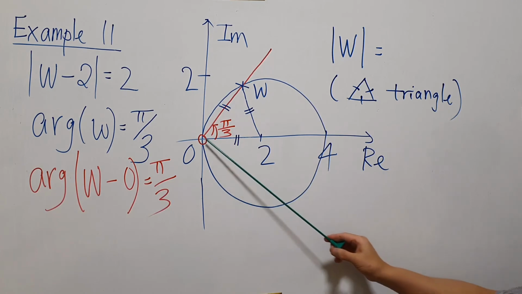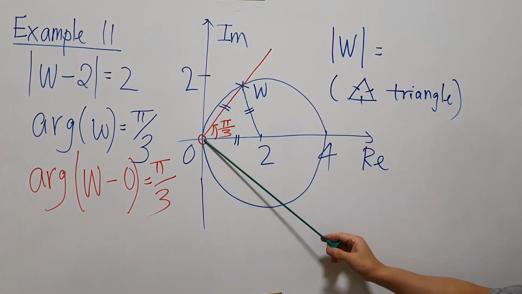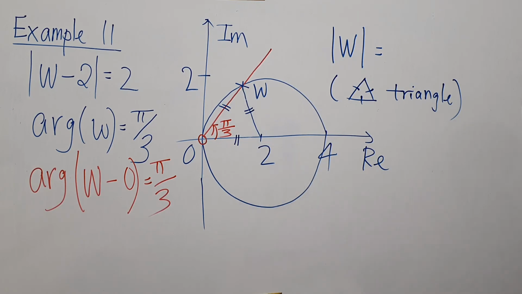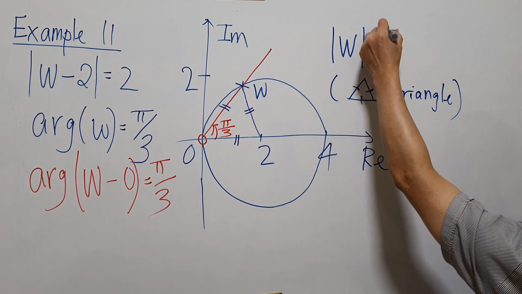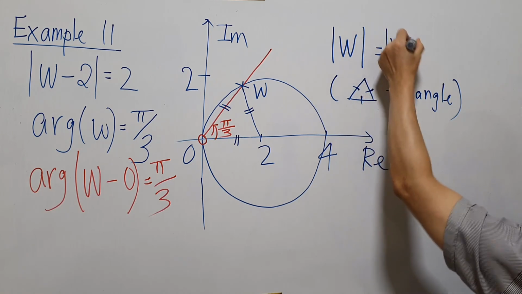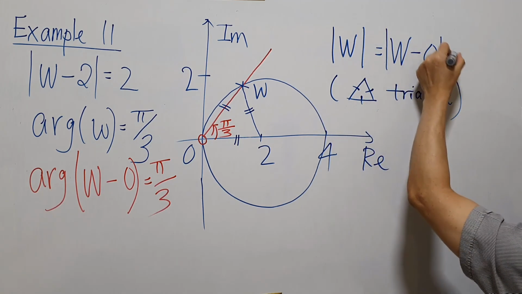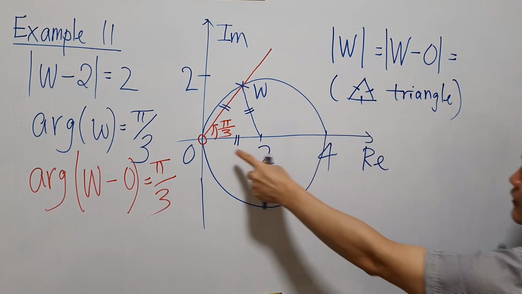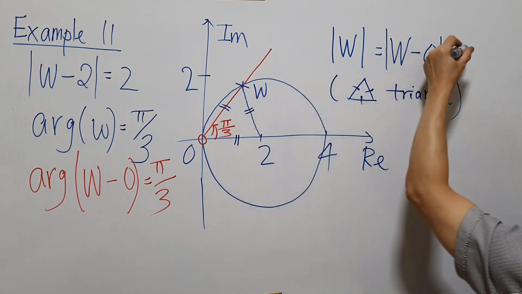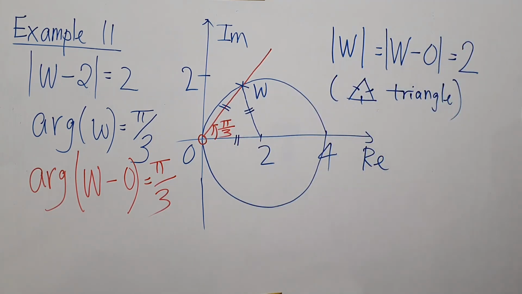And because this distance is actually 2, this distance is the distance from origin to the complex number W. This distance is exactly the modulus of W. From origin to W, the distance is therefore 2. So I have found the modulus of W quite quickly.